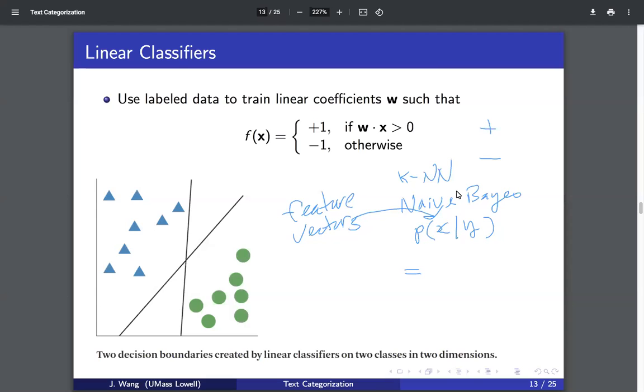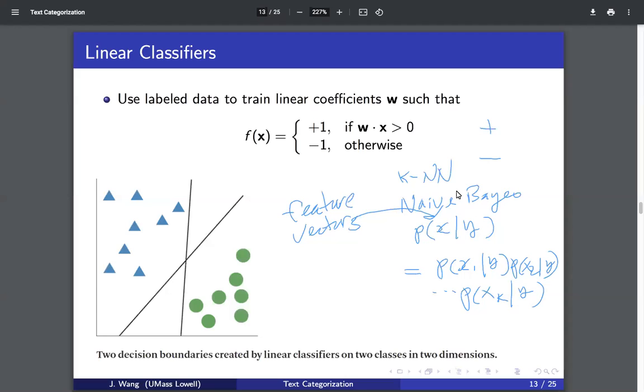Naive Bayes has to make an assumption that these features are independent. So this becomes x1 times x2 times up to xk, a product.